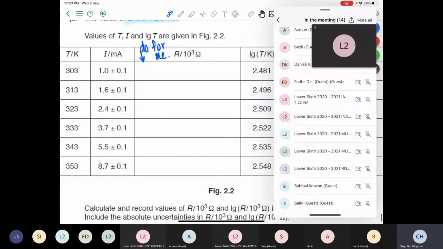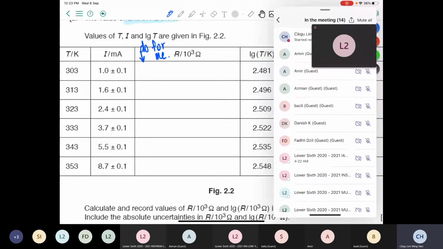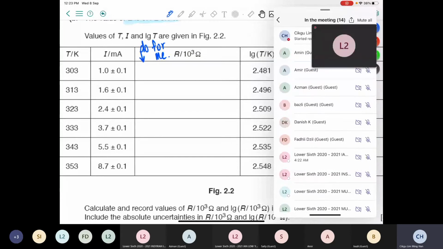Alright, so I hope you have done already. So maybe I ask Basli. Basli, are you there? Yes, sir. Have you calculated the R already?